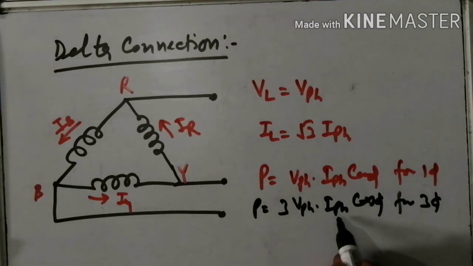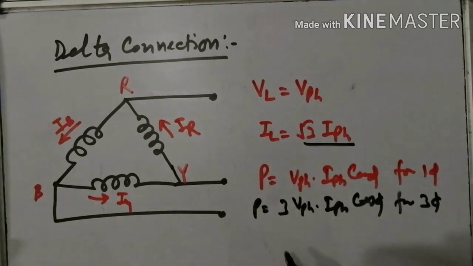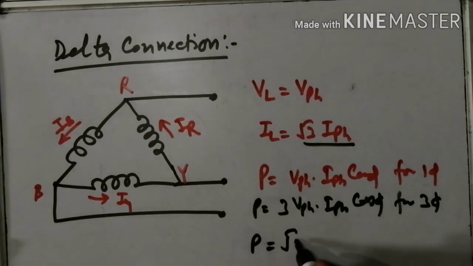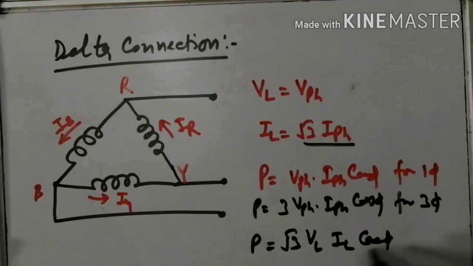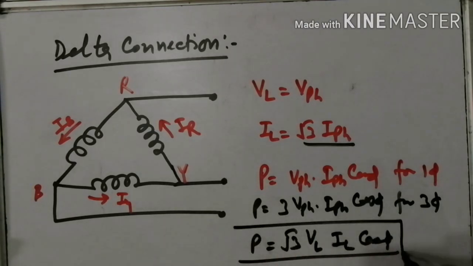And root 3 times of IPH is known as IL. That's why the power is under root 3 VL IL cos phi. The formula for the power in case of delta or star is same.